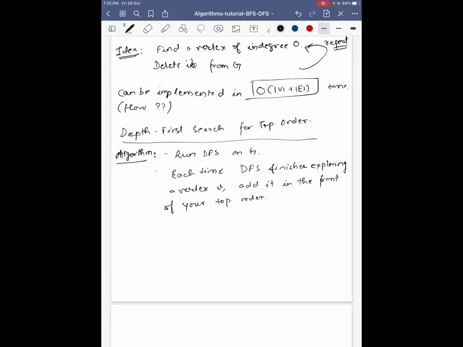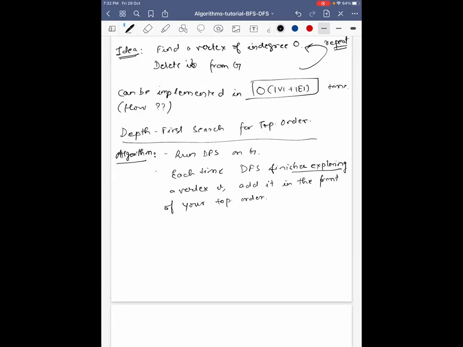Now, when I say finishes exploring, I mean DFS has completed visiting every vertex in the graph which is reachable from V. So you can think of it as the point when DFS will pop V off the stack. Okay.